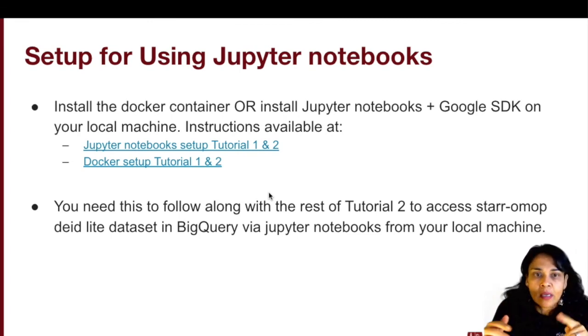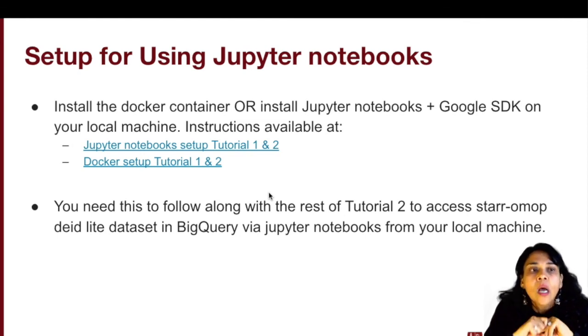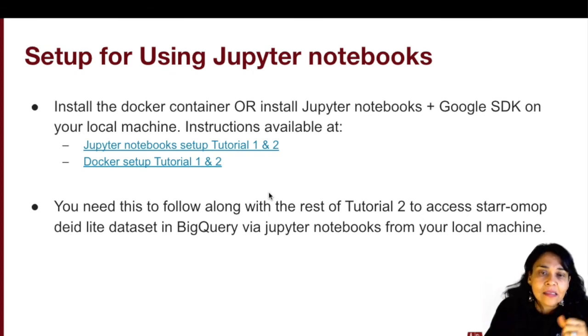Last, before we are done with this particular video: the next video does include using Jupyter Notebooks to access the STARR-OMOP DID Lite dataset in BigQuery from your local machine.